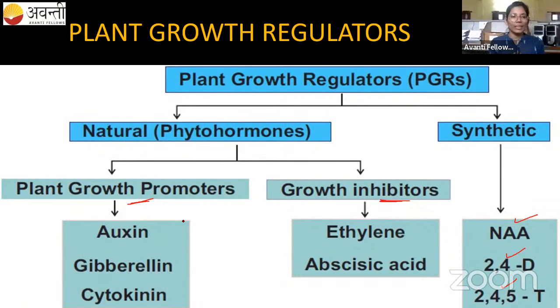What are those chemicals actually? These are the chemicals called phytohormones. Such many examples are there in our daily life of Auxin, Gibberellin, Cytokinin, ethylene, and abscisic acid. So that is why we should know about the functions.